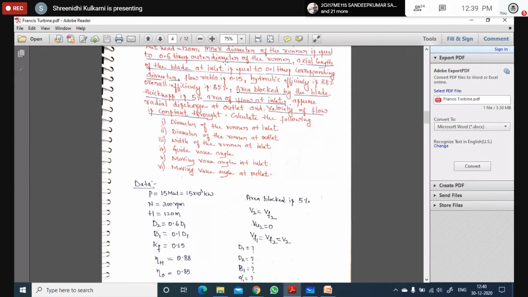Suppose if you make any mistake here, because most of the students will make a mistake here only. Instead of taking D2, they will take D1. No problem, but always remember in Francis turbine U1 is greater than U2. Then make the correction here. I hope you understood.